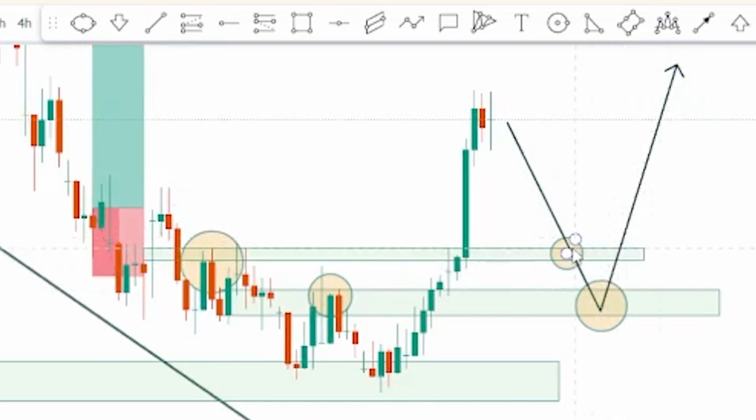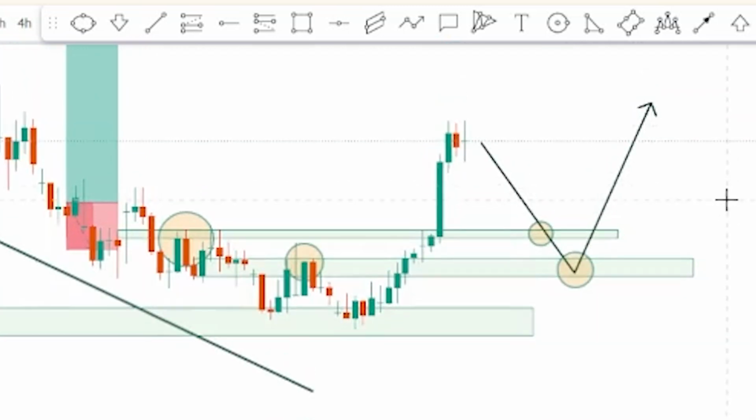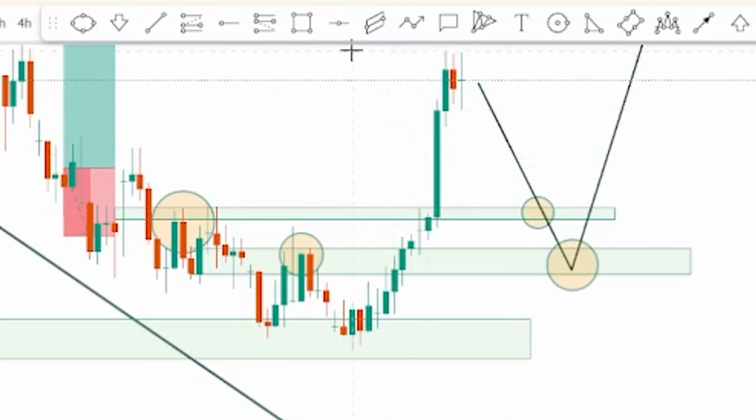If I enter from this area, my stop loss will be closer, and if I get kicked out again, I will regret it because I have the second entry here where the market can turn direction to go for the upside. That's also where I can draw my trend line and end up with the second low, because we already have the first low. Remember, this is the first low.